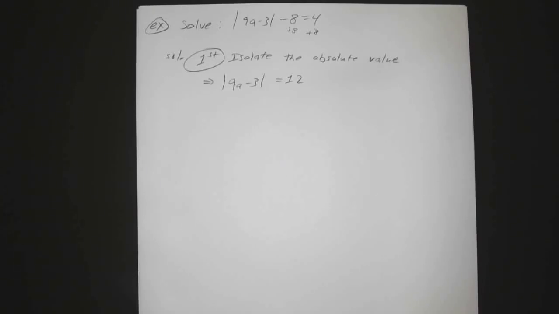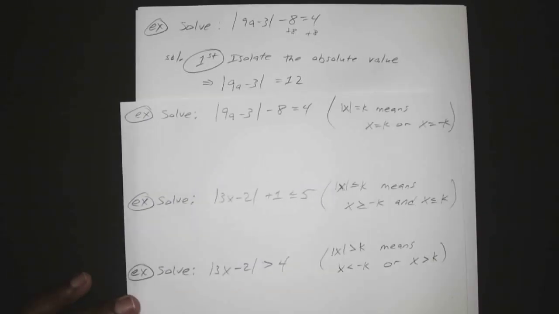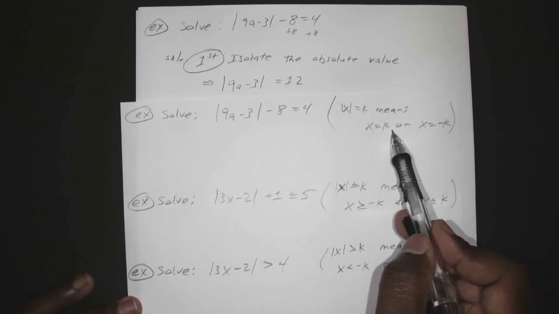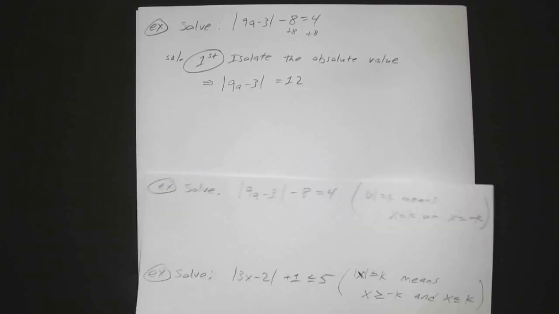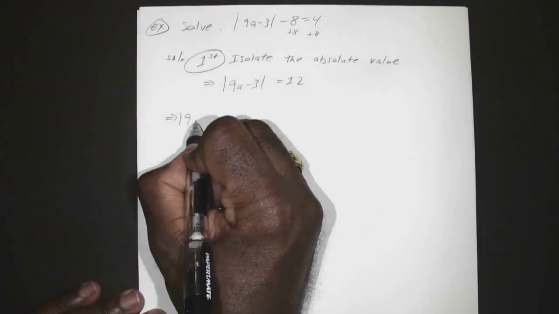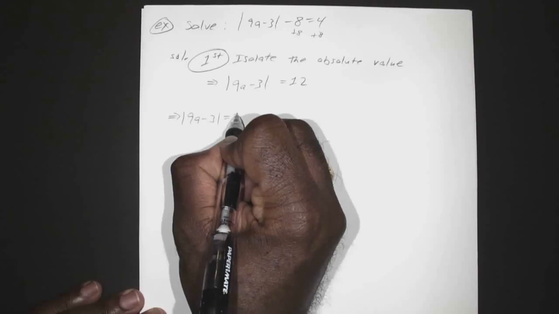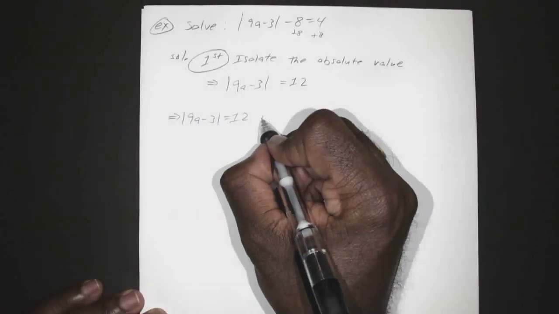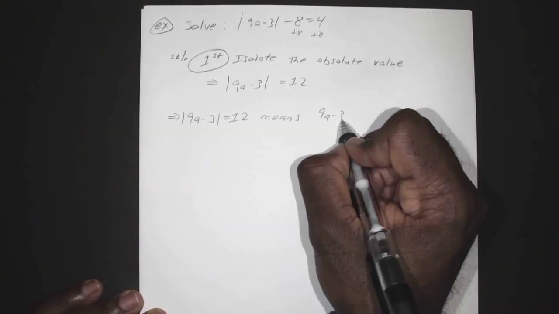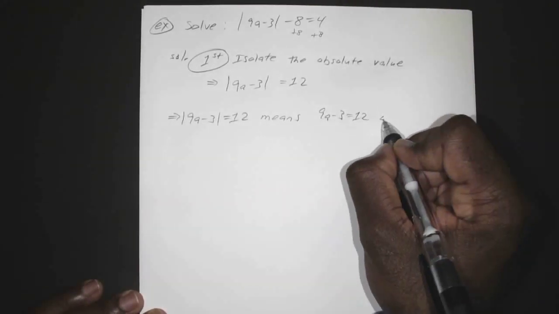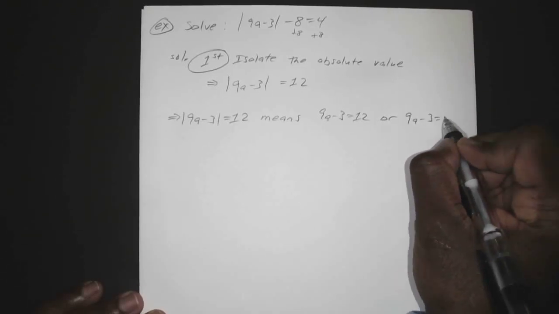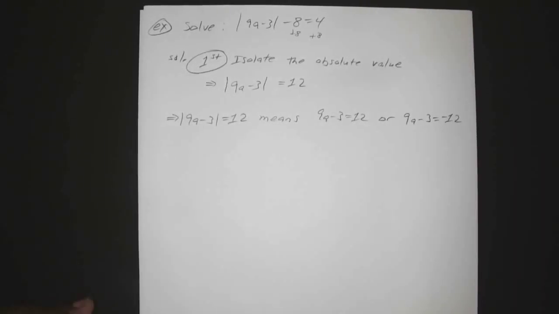Okay, so we know that absolute value of x means x equals k or x equals negative k. So absolute value of 9a minus 3 equals 12 means that 9a minus 3 equals 12, or 9a minus 3 equals negative 12.